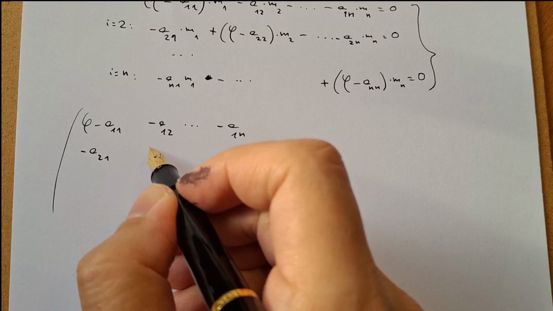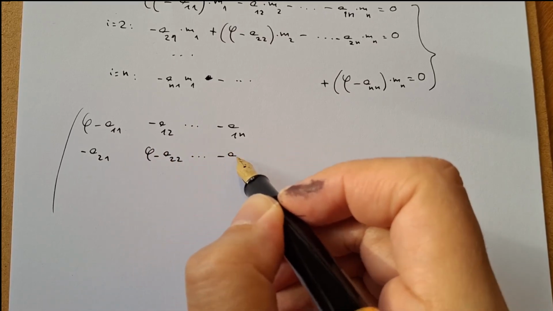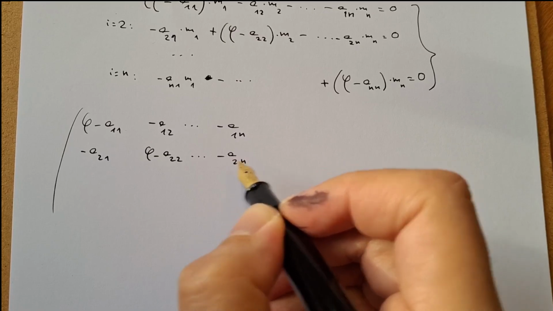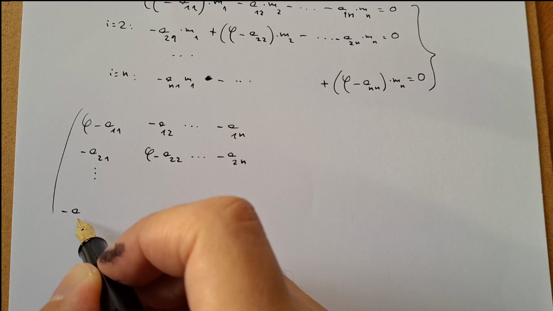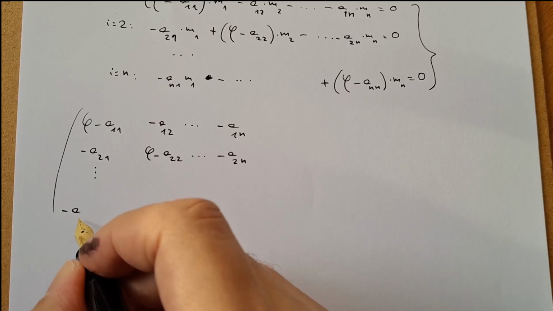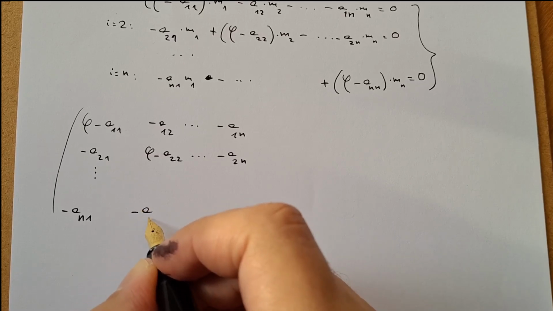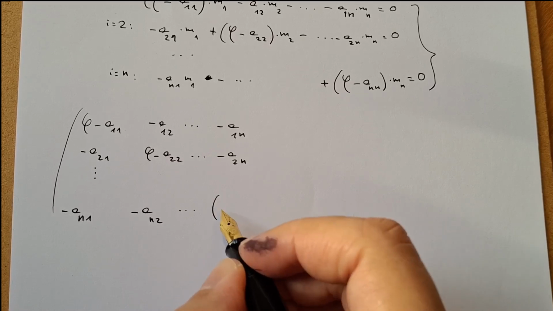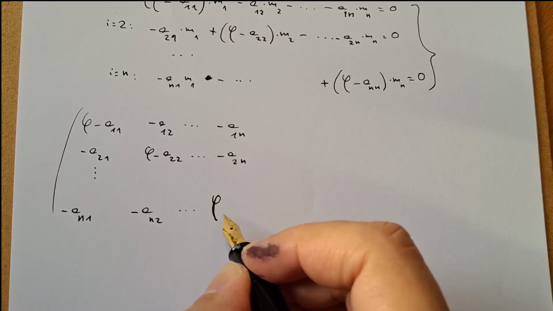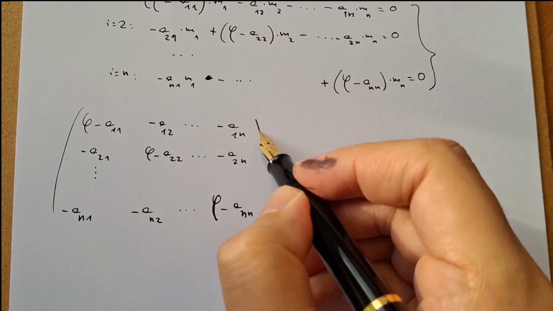Now here we have psi minus a22 till minus a2n, till we reach the last row, which is minus a sub n1, minus a sub n2 till, well, here we have psi minus a n n.